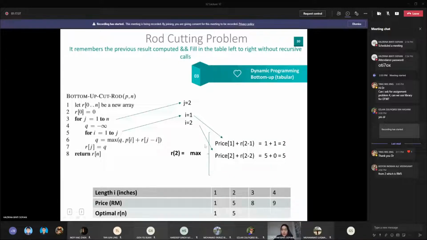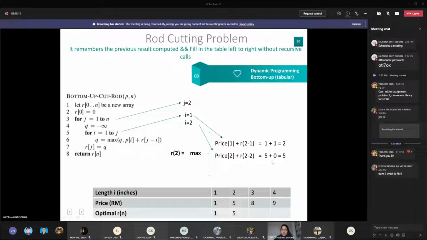Next is i equals 2. So the price is 5 plus r of j minus i. j is 2, i is also 2. So that is 5 plus 0, which is 5 ringgit. So from here we have two options, 2 and 5, because we need the maximum.